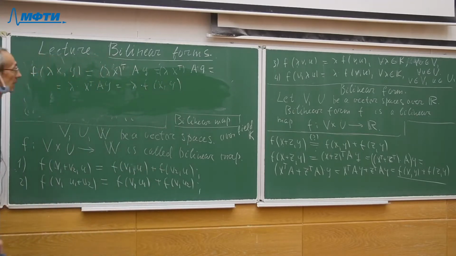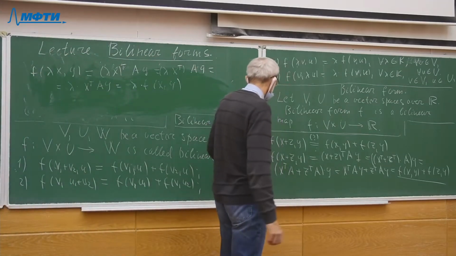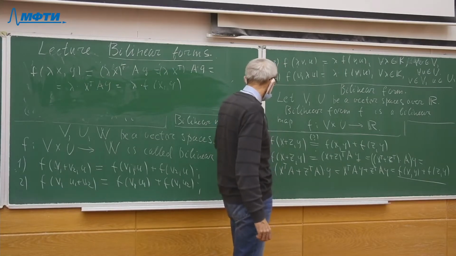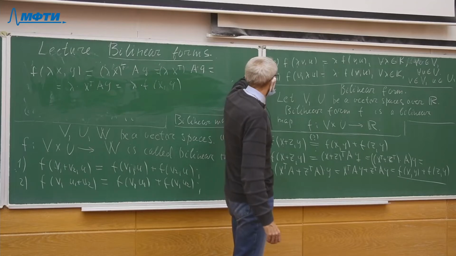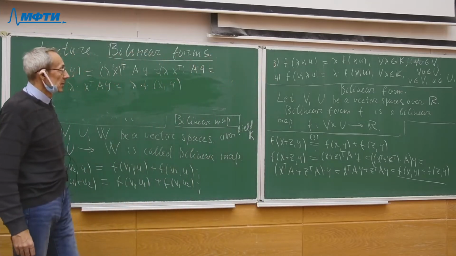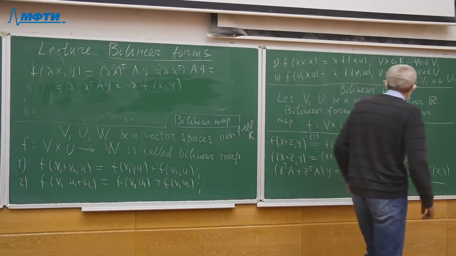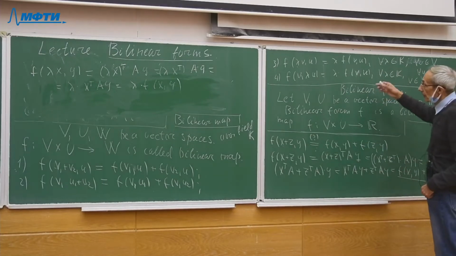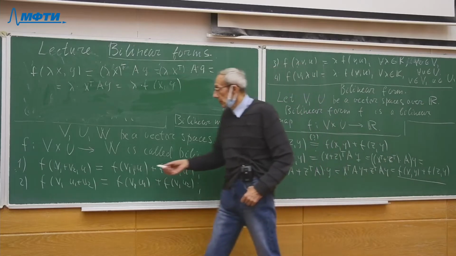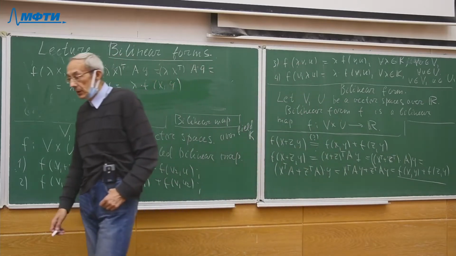We have checked the third property of the definition of the bilinear form. In the same way, we can check the same properties which are related to the second argument of our bilinear form.